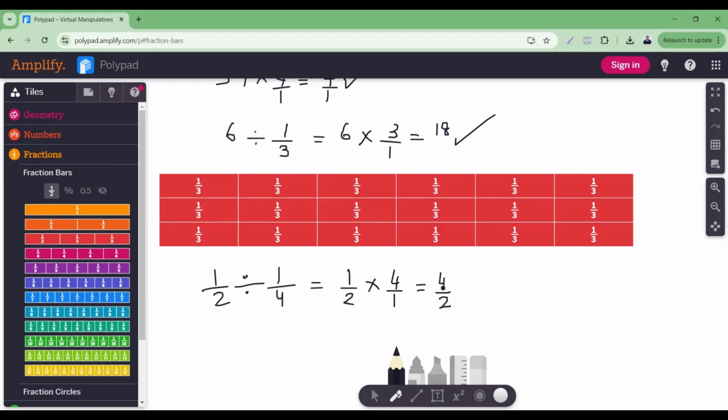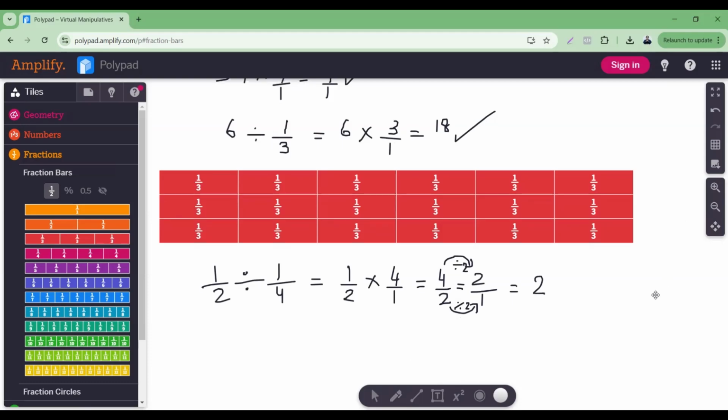When we simplify 4/2, dividing the numerator and denominator by 2, 4 divided by 2 is 2, 2 divided by 2 is 1. So 2 is the answer I have got.